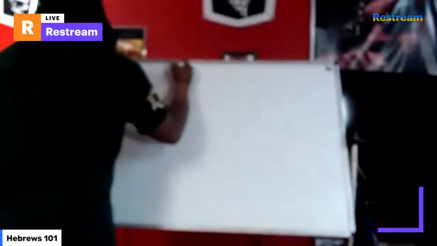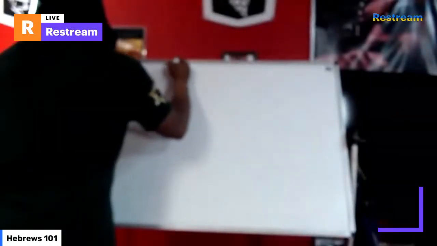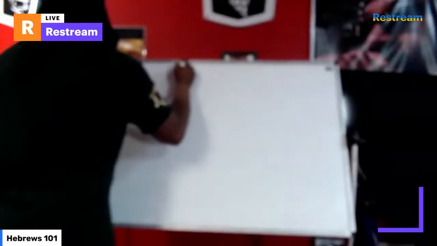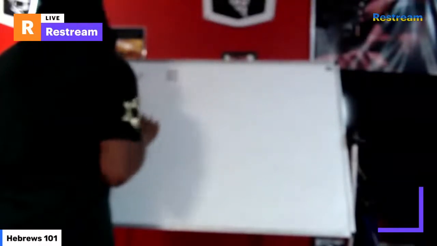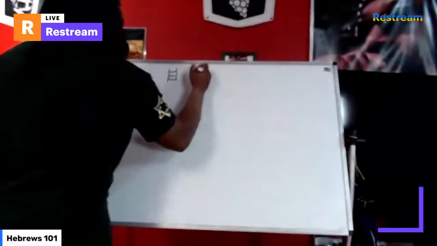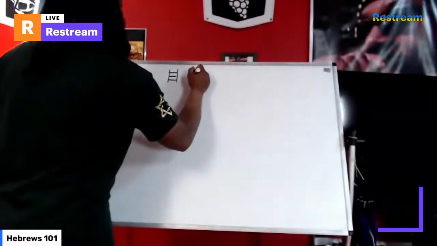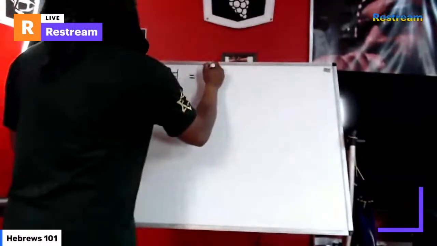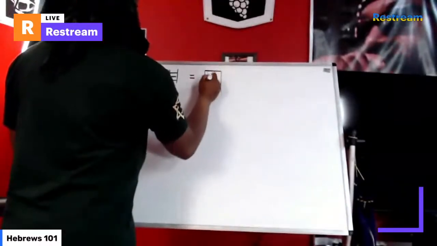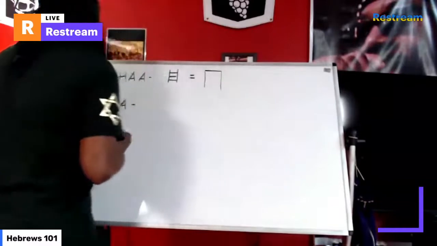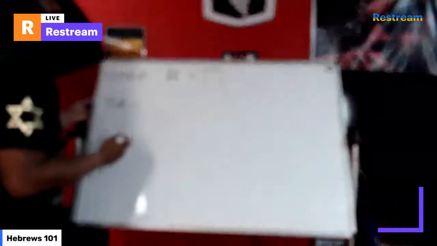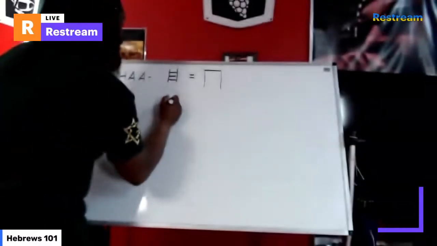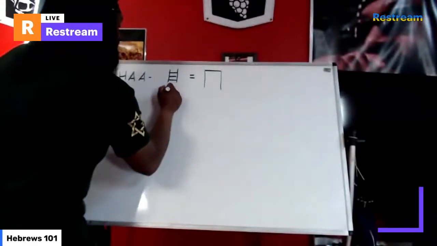So now, let's write them out. Ka in ancient Hebrew is going to look like the fence. And in Assyrian, it's going to look like a staple. Now, Ka in ancient Hebrew looks like what?